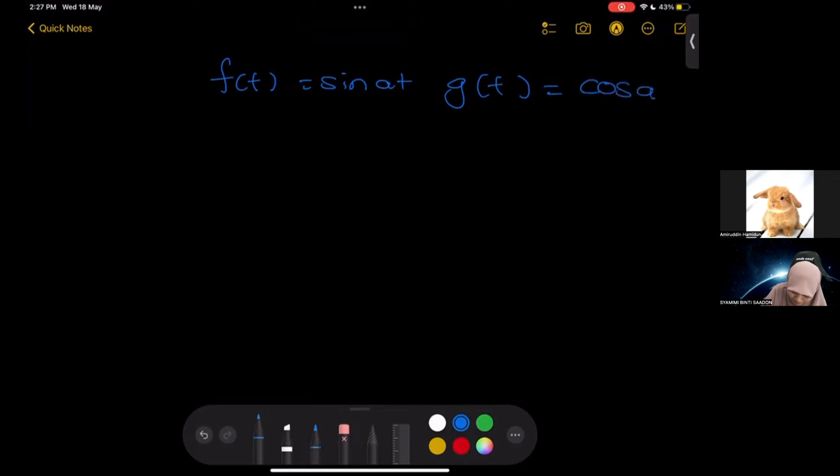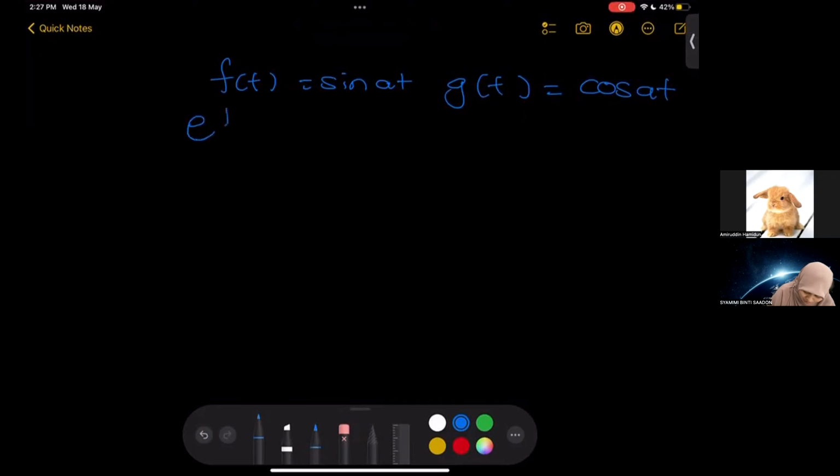Okay, so if we look at these two functions, sin(at) and cos(at), they can actually be written in terms of the exponential in complex number. Remember the earlier definition, exponential j omega.